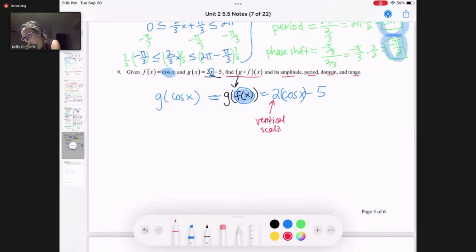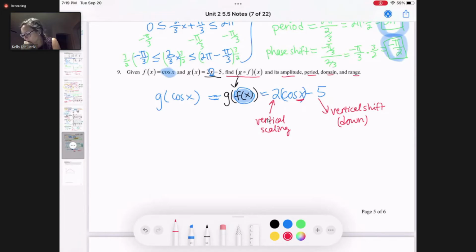So I'm multiplying everything by 2, but this minus 5 is my vertical shift, and it's going to be down because it's a minus. And there's nothing going on inside here. This x is just x, so there's no negative. There's no b, like b and c are both 1 or 0. There's nothing going on, so that's nice.